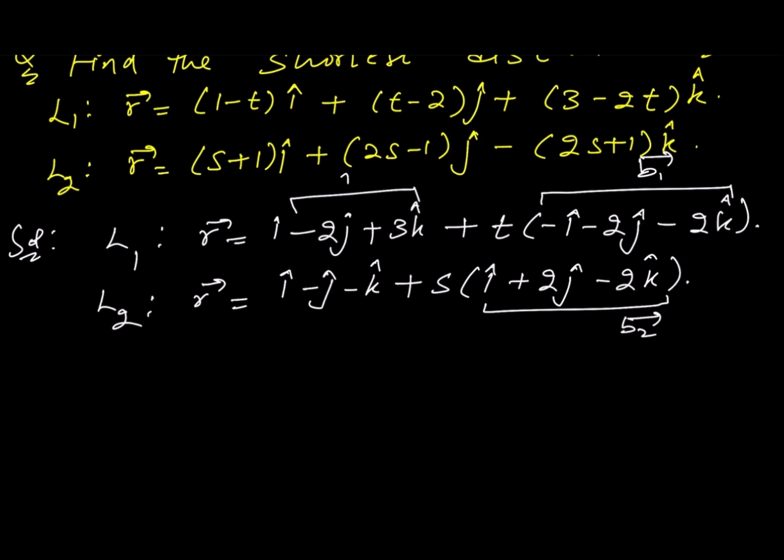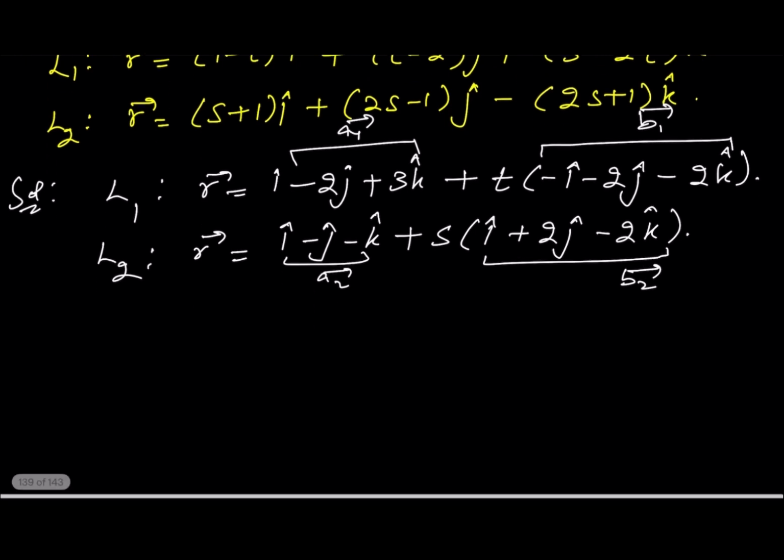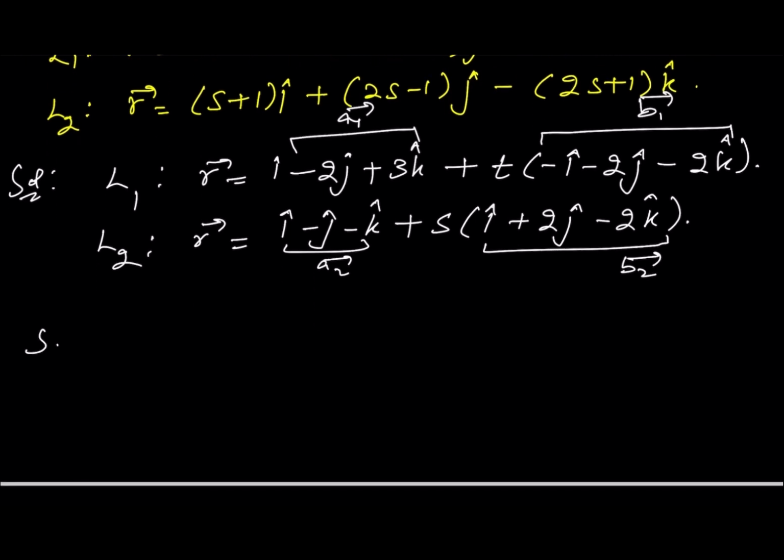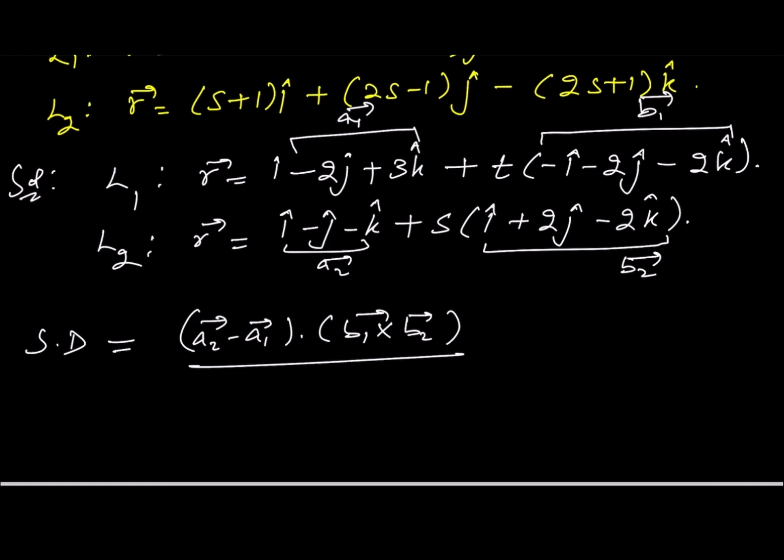So I have to use formula for shortest distance, which is a2 minus a1 dot p1 cross p2 on modulus of p1 cross p2.